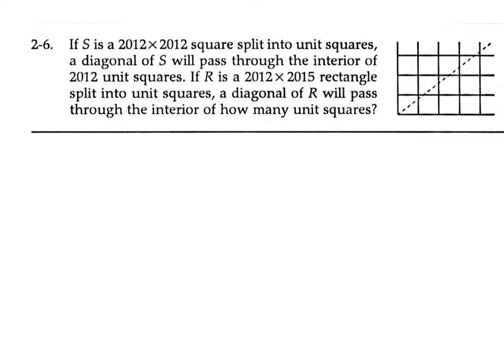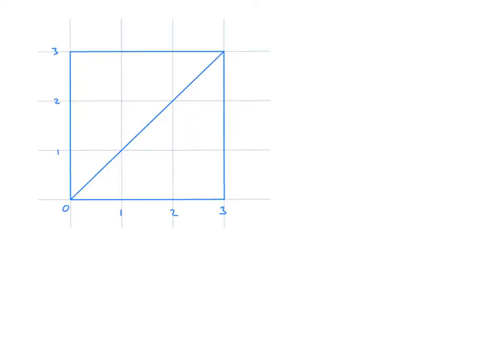So let's break this down a little bit and see if we can make sense of it. Let's first understand why a 2012 by 2012, or an n by n square, will go through n squares. So here we have a 3 by 3.